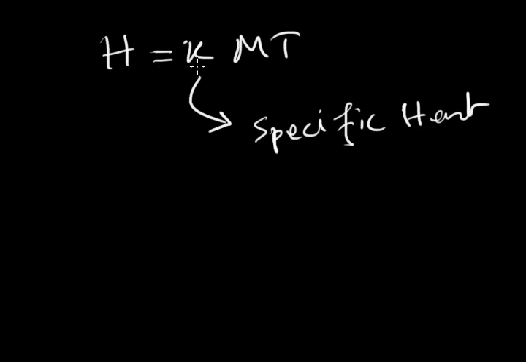So it is a material property, and K can be represented by H by MT. So K is the amount of heat energy present in unit amount of material per unit change in temperature. So that is the specific heat, and it is generally denoted by S.